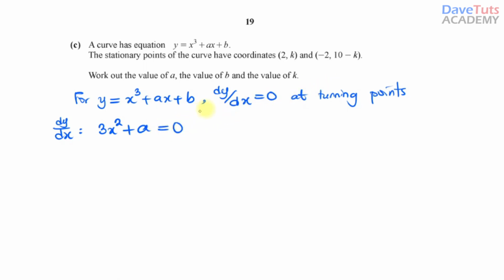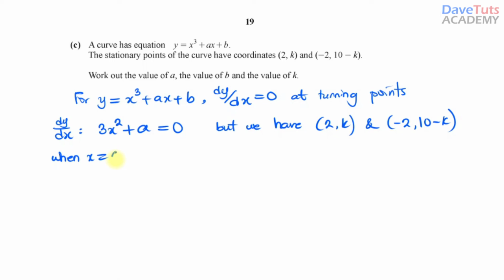But we have these 2 points, 2, k and minus 2, 10 minus k as those stationary points. So first, when x is equal to 2, in this first case, we see that 3 multiplied by 2 raised to power 2, because we are putting that as the value for x, plus a, is equal to 0, such that 2 raised to power 2 is 4, 4 times 3 is 12.